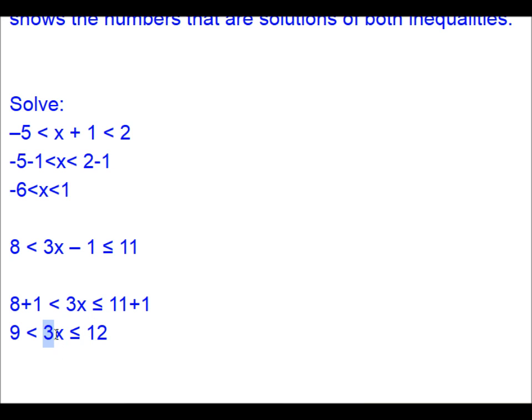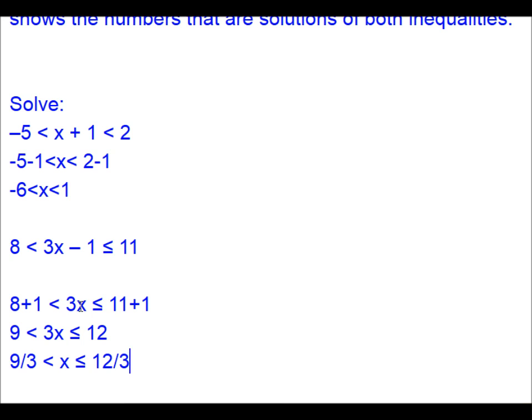And now we have to remove this. If 3 is multiplied by x, whenever a multiplication moves to the other side of inequality, it becomes division. So 9 divided by 3 is less than x is less than equal to 12 divided by 3.